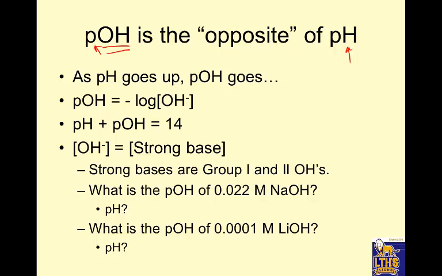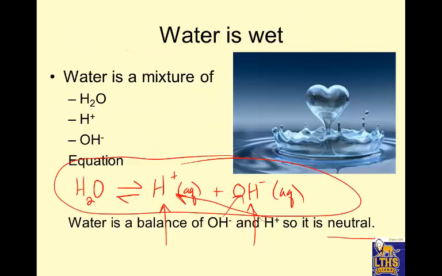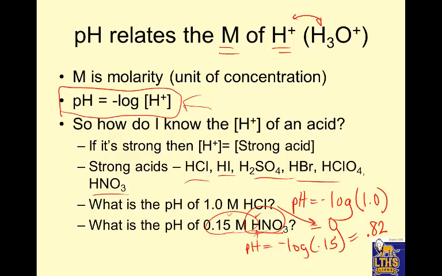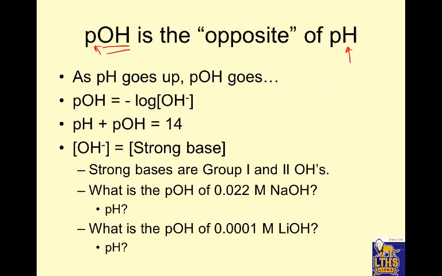If everything is in water, remember, water has H+ and OH- in it, and those are equal in water. An acid actually has more H+ and less hydroxide, because this stays in equilibrium. So as the pH is going up, the pOH is going down.